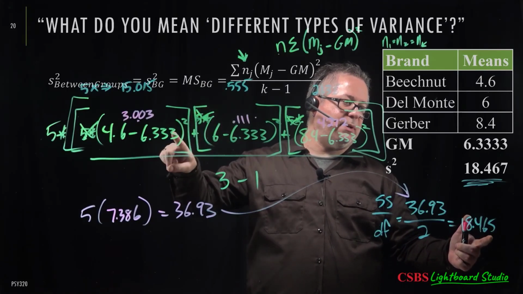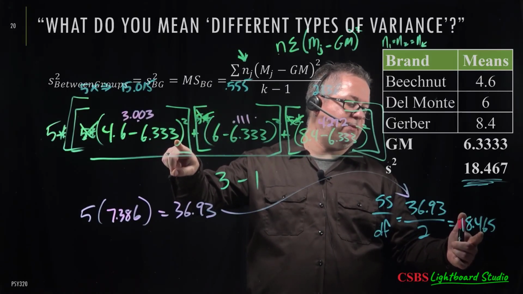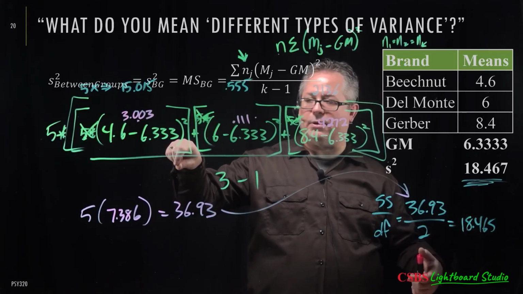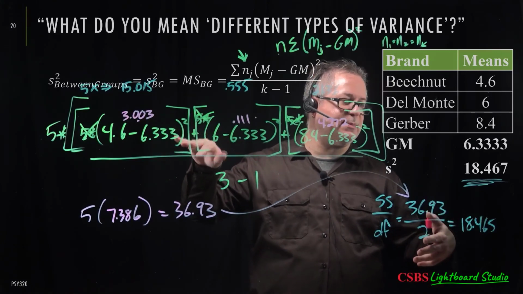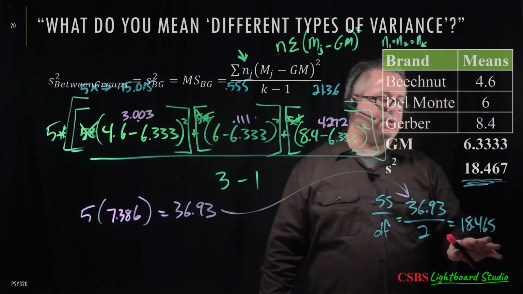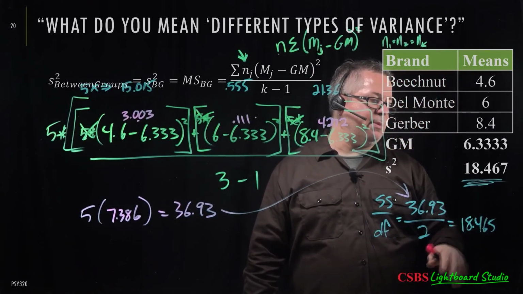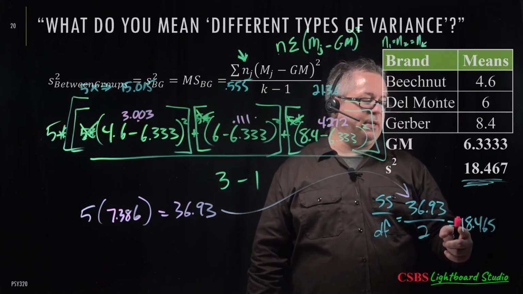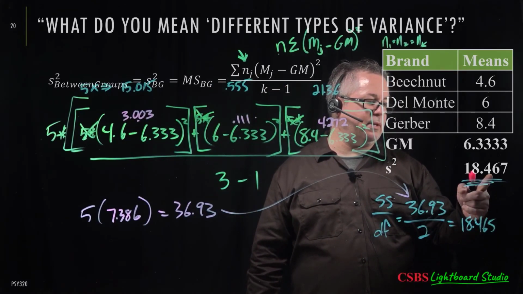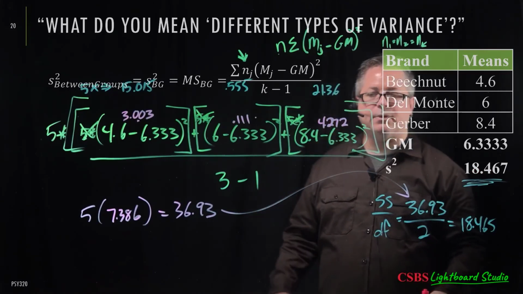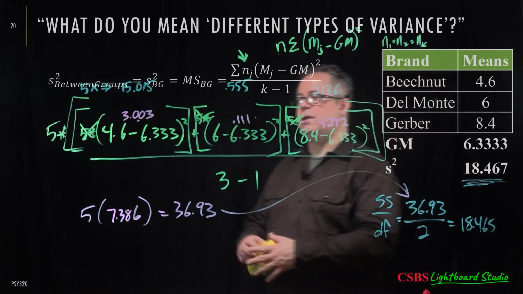Because I'm rounding to 3, really only the first 2 are super accurate. The third is sort of wishy-washy, and the fourth is really awful. I should have carried more decimal places than I want to round to at the end, and I didn't, so it makes this a little suspect. But if you were to round to 2, it would be 18.47, the same.